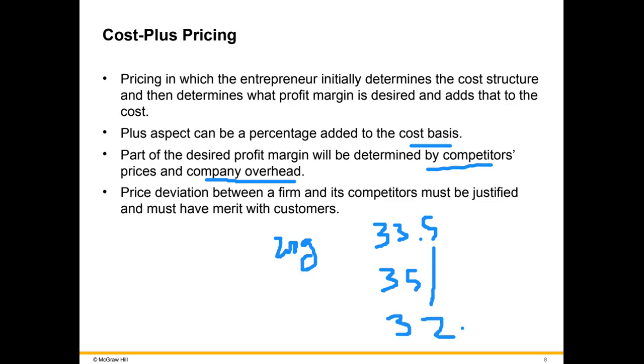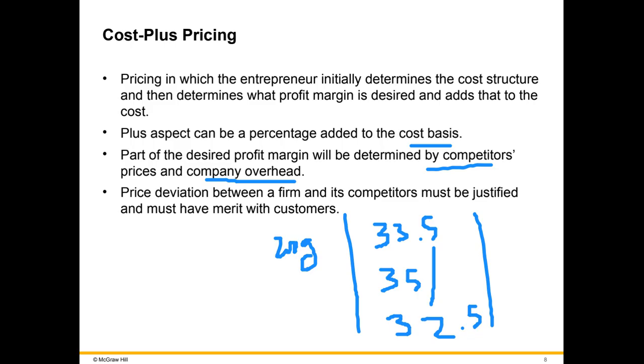And probably you might have noticed this in Kingdom as well, that they're almost similar to each other, with very small differences in pricing. These businesses are in an oligopoly kind of market in which all the products are similar or almost similar.